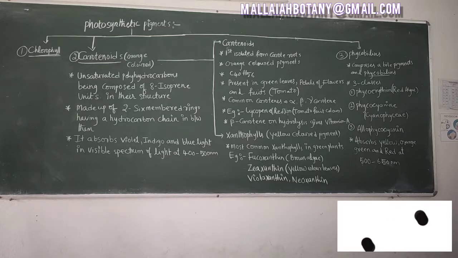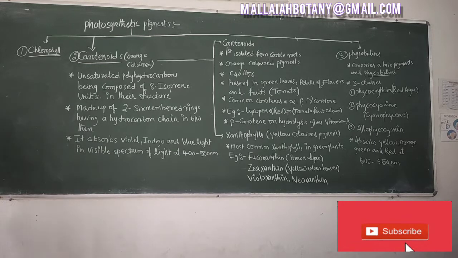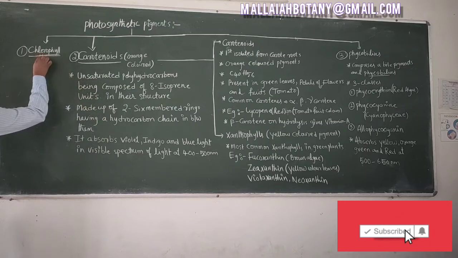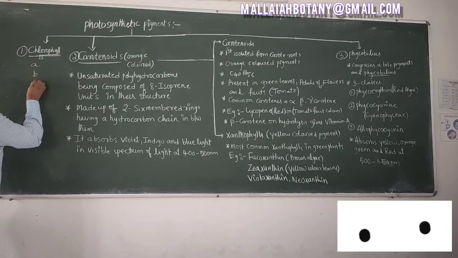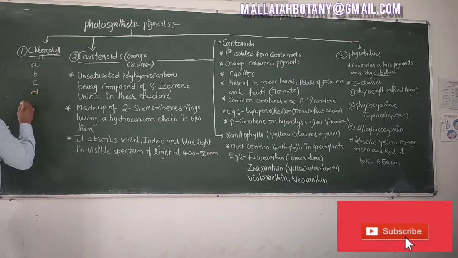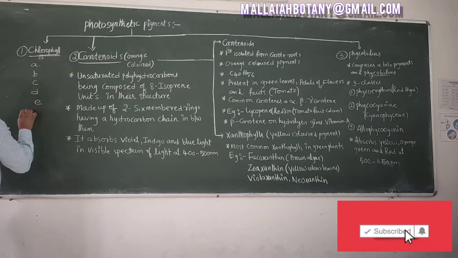In a previous video I explained about different types of chlorophyll molecules: chlorophyll A, chlorophyll B, chlorophyll C, chlorophyll D, chlorophyll E, and bacteriochlorophyll.